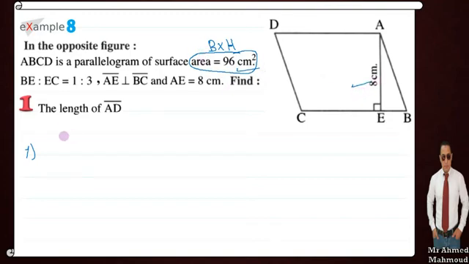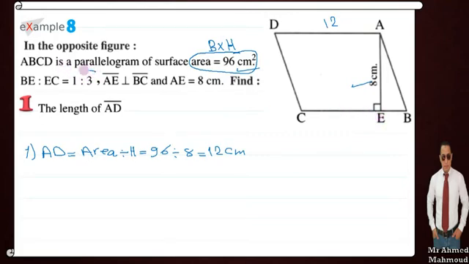So the base AD equals area divided by height, which equals 96 divided by 8 equals 12 centimeters. So AD equals 12. Also BC equals 12 centimeters.